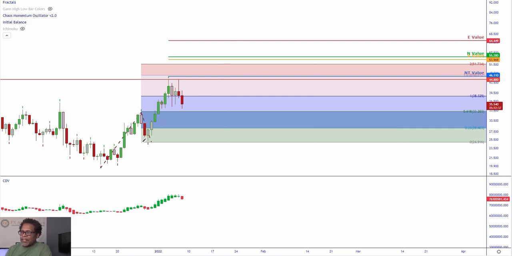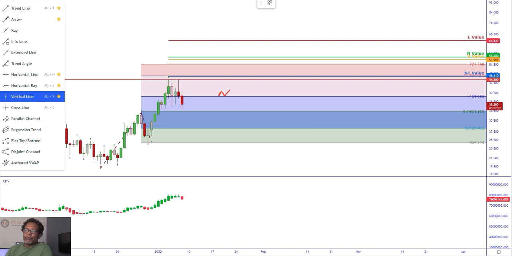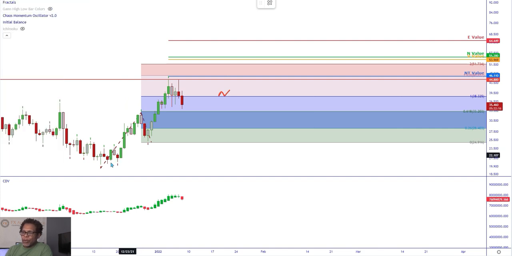So here's my N value. I always have the N value on there. The next main level is your E value. Let me mark this on the chart. Let's find this trend line. My E value is going to be from this leg, which ends about here.